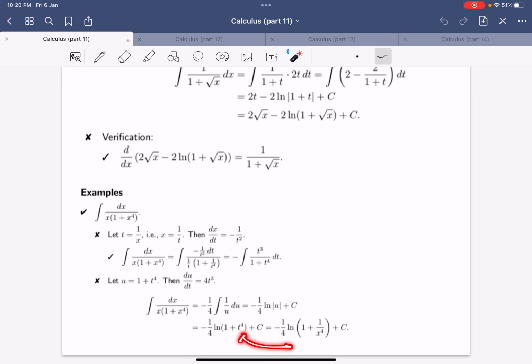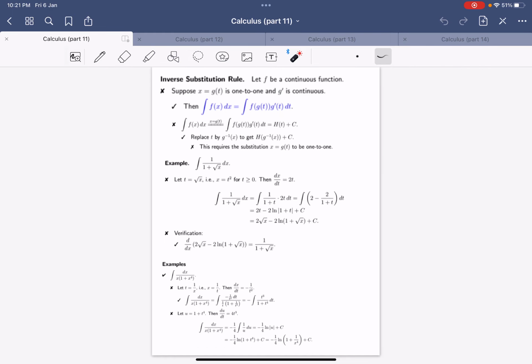And finally, you substitute back what t is in terms of x, so t equals 1 over x. So you resub it back in and you get the expression you want. And you can again verify that this is the antiderivative of 1 over x times 1 plus x to the power 4 through an easy differentiation.